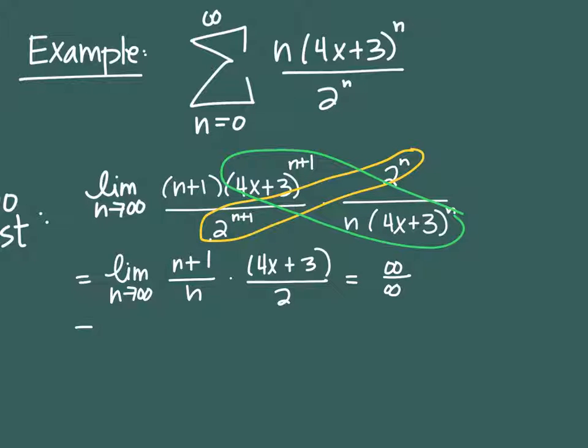So applying L'Hopital by taking the derivative of the n terms, I will end up with 4x plus 3 quantity over 2, and then there's no more n's left.